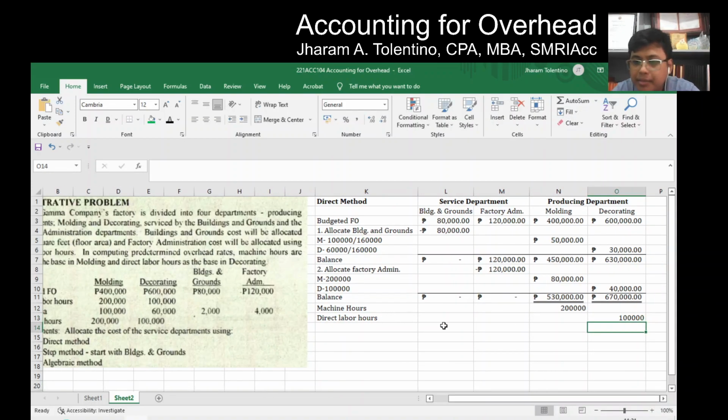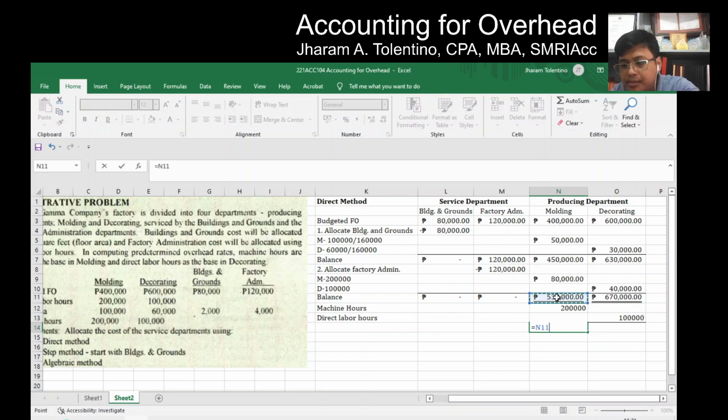So, yung magiging departmental rate nila, simple lang. This is 500,000 divided by 200. 265. And this one is 670 times 030.